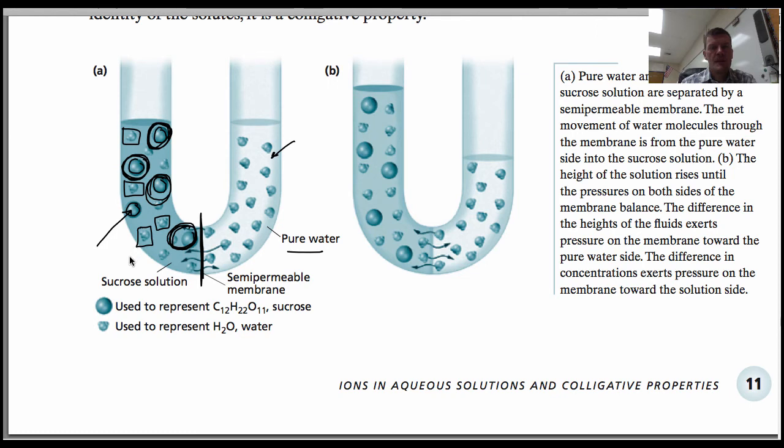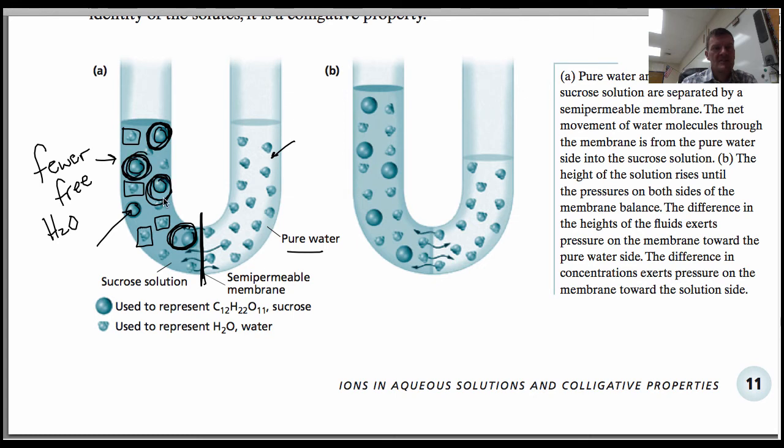Okay? Well, what's going to happen? The sugar particles are too big to pass through. They will not get through the semi-permeable membrane, but water can. So over here, what the water observes, if it can observe, is it has fewer free water on this side over here because lots of them are attracted to the sugar.